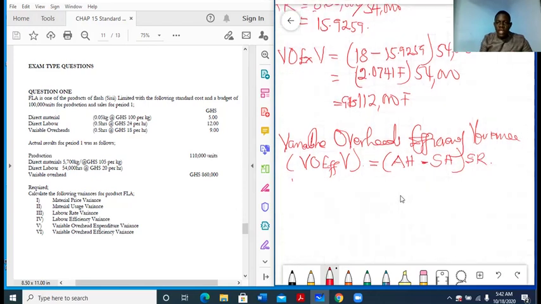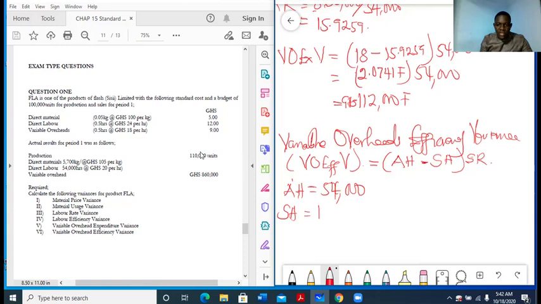Great. So we have AH already to be equal to 54,000. What's our standard hours? We produced 110,000 units and we're required to use 0.5 hours each.